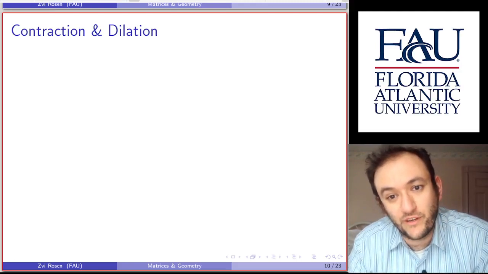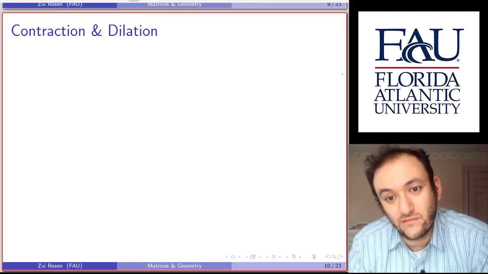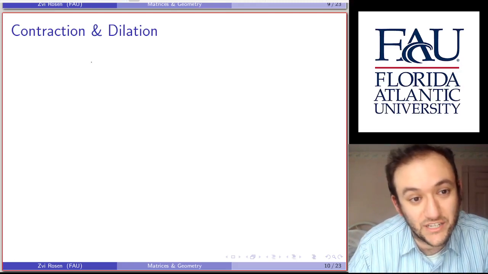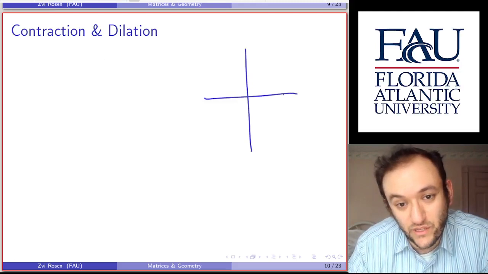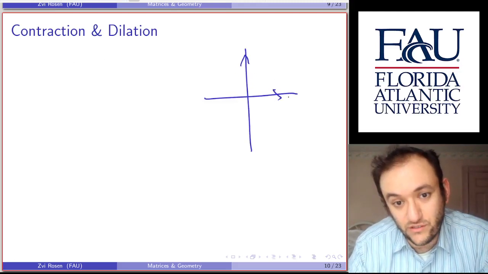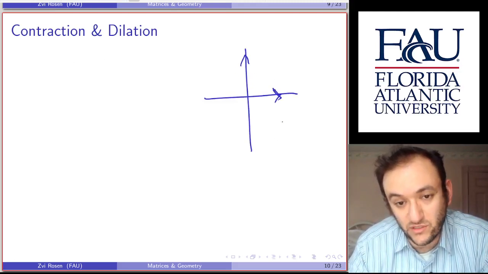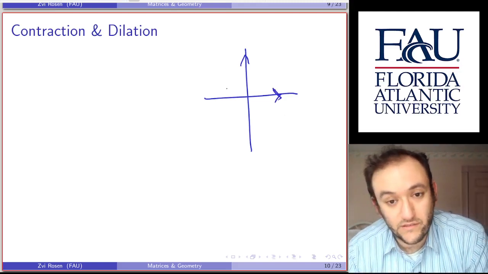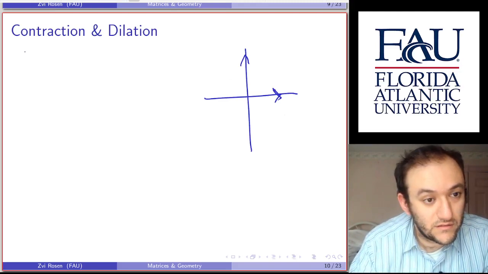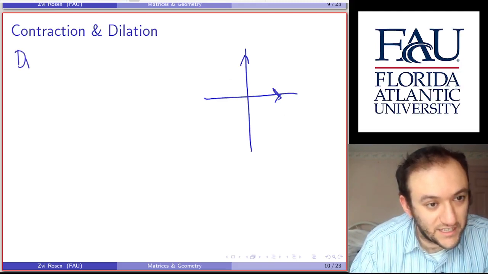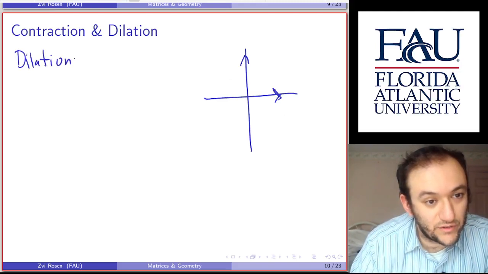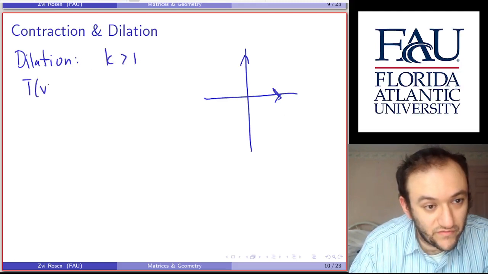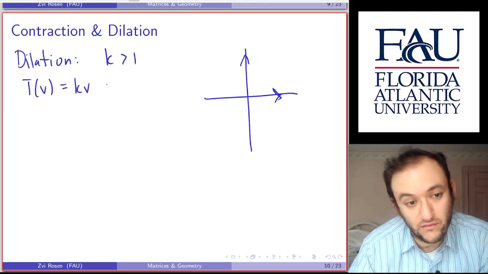Okay, here are two very easy matrix transformations. These are contraction and dilation. This is what happens when you just make everything bigger or smaller. So dilation is where you take k greater than 1, and then T of v is kv for all v.